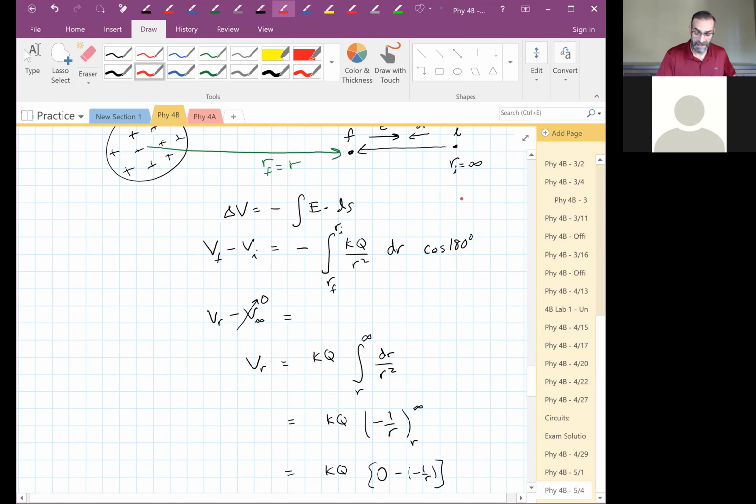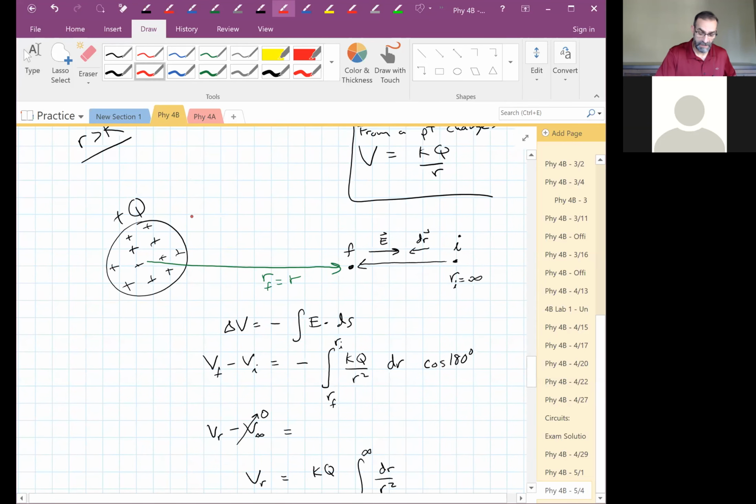If we were given that the electric potential was some value at R equals R, say V equals 10 volts, then we would have started our integral here and integrated out from there. You always start where you know what the potential is. In this case, it was 0 at infinity, which is typically the case with spherical charge distributions.